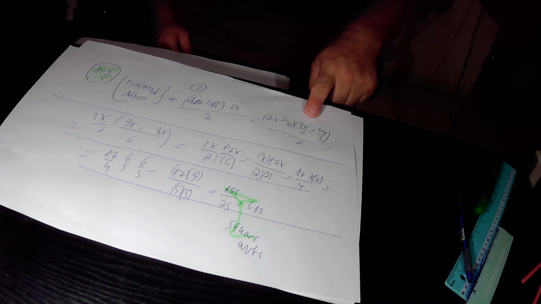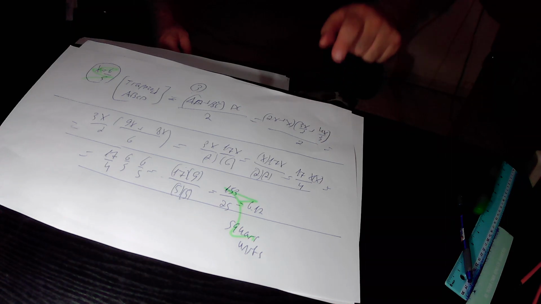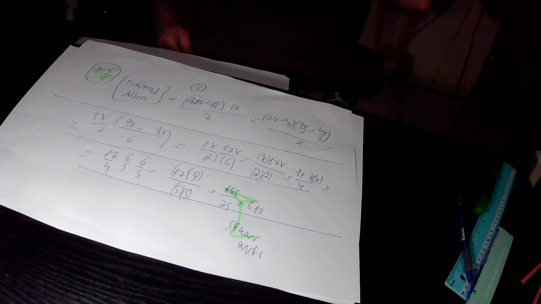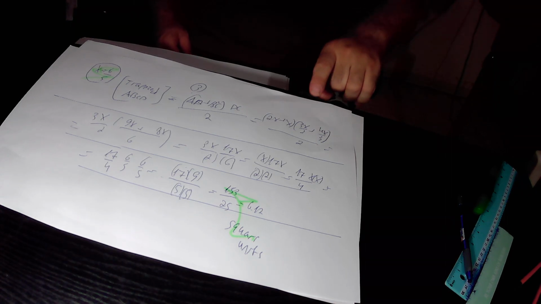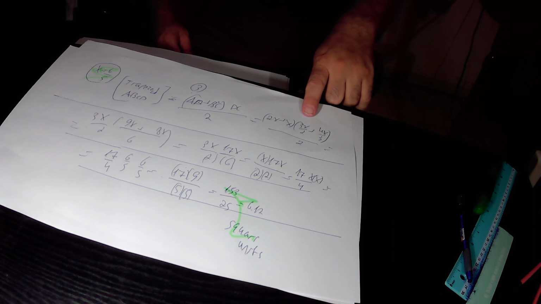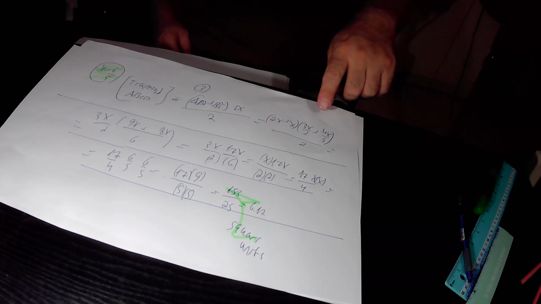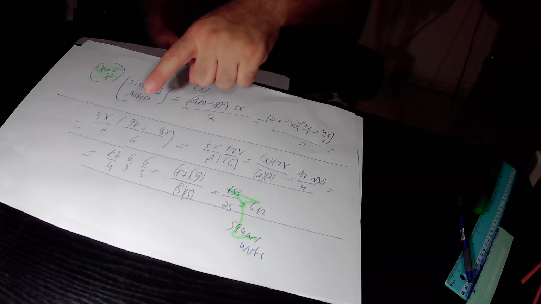Here, actually, we took out 6 as a common factor from those two expressions, and we did it in the following way. We multiplied both the numerator and the denominator of this expression by 3, and found out that 3x times 3 is 9x, and 2 times 3 is 6.